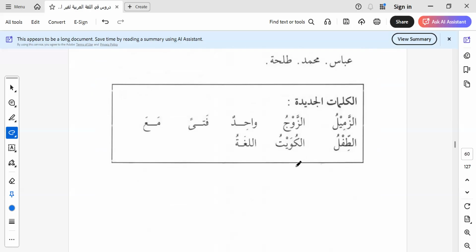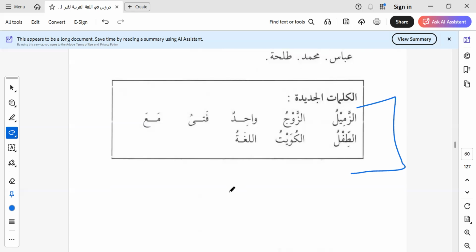الكلمات الجديدة. So الزميل الزوج واحد فتى مع الطفل الكويت اللغة. I think we all know the meaning of this.